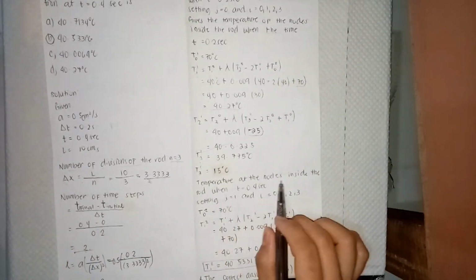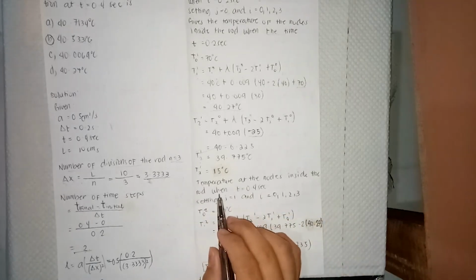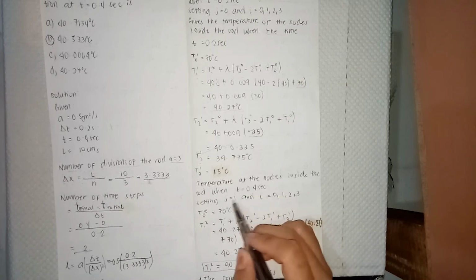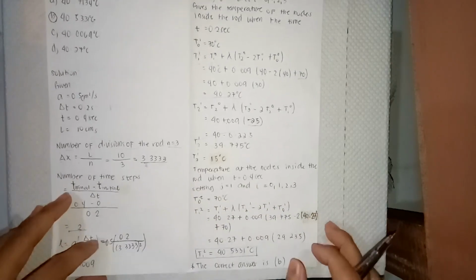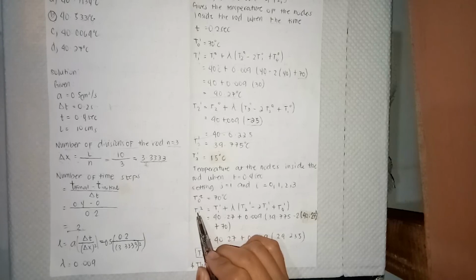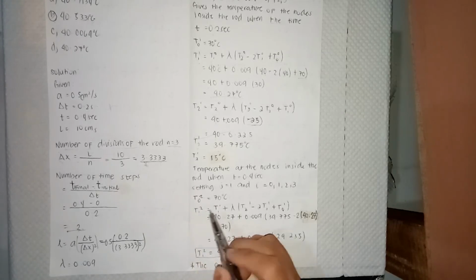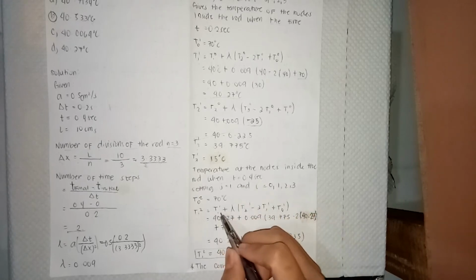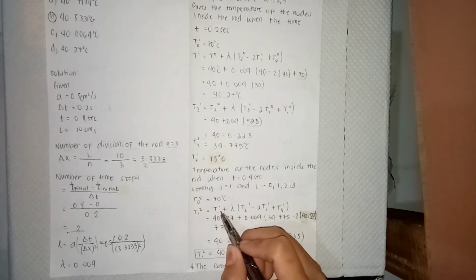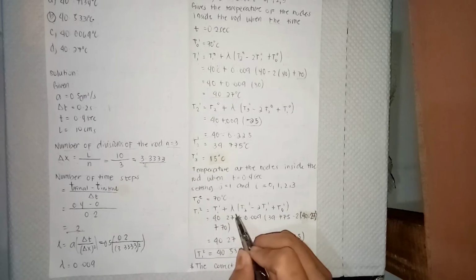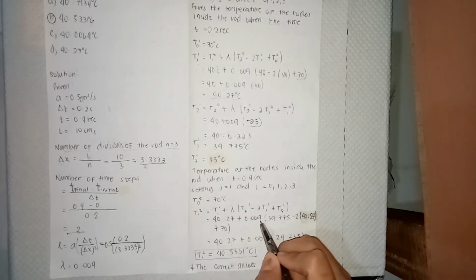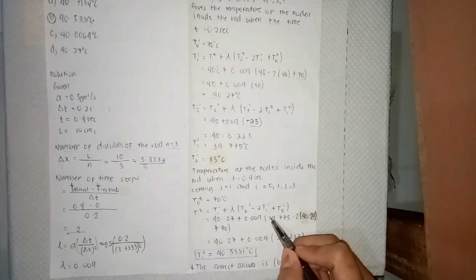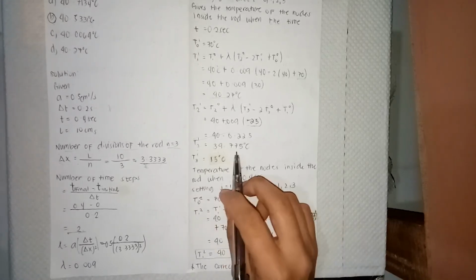Next, the temperature at nodes inside the rod when t is 0.4 seconds. So for our temperature at node 1, at 0.4 seconds, temperature 1 is 40, and our lambda is still the same, 0.009. And then our temperature at node 2 is 39.775 here.